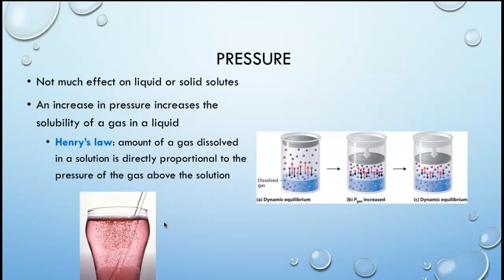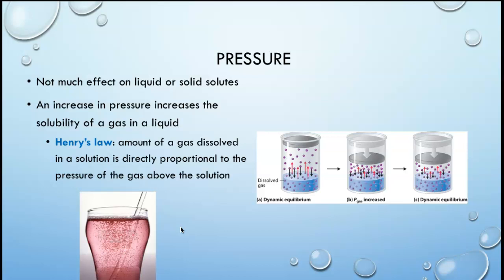And so the bubbles of carbon dioxide come to the surface and eventually escape, because carbon dioxide is not as soluble in water at atmospheric pressure as it is at the pressure that it was bottled at. And so that's why soft drinks go flat. Now, if you want to keep it fresher a little bit longer, you can reseal it, and some pressure will build back up, and that'll prevent more from escaping. But that's a practical example of Henry's law.